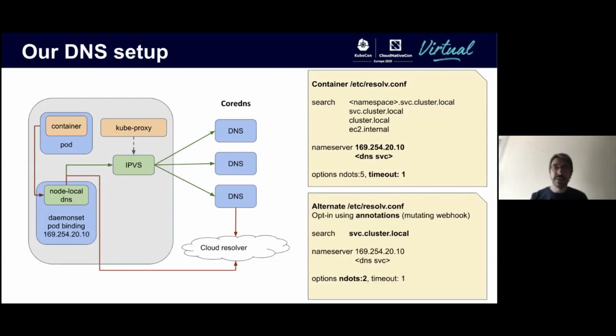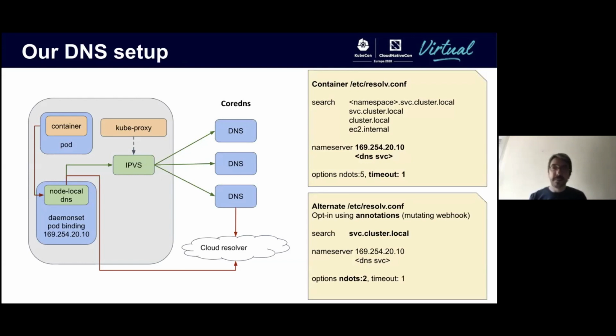What we also did is we gave applications the option to use an alternate resolv.conf and opt in using an annotation. When we see this annotation, we have a mutating webhook that is going to change the configuration of your pods. This alternate configuration is using a single search domain, which is svc.cluster.local, and moving ndots back to 2 only.